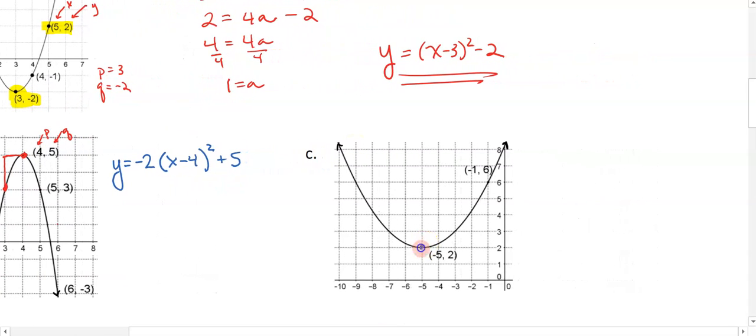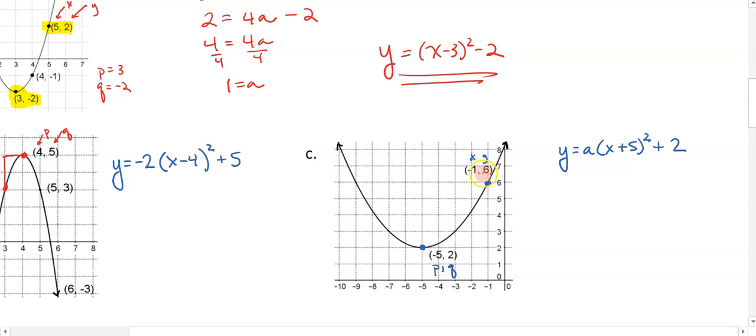All right, in this one, I know that P is -5 and Q is 2. All right, but I'm not quite sure the shape here. So I'm going to use my algebra here. I'm going to borrow this xy pair. So I start off with my P and Q. So I get y equals A, x minus -5, which becomes +5, all squared, plus 2.